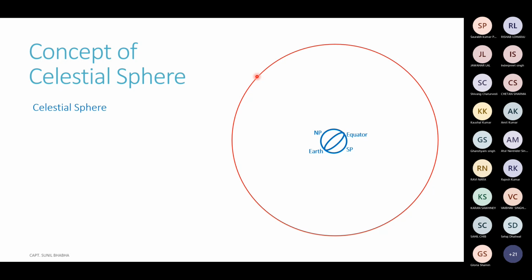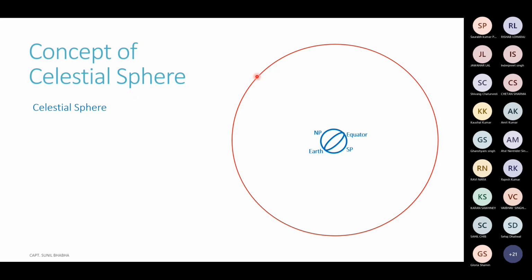Now, once these bodies are considered to be situated on the celestial sphere, we are able to use our knowledge, formulas related to spherical trigonometry to solve them. So we know spherical trigonometry is the branch of trigonometry which works on the surface of a sphere, on the 3D curved surface of a sphere. We have a few important formulas.